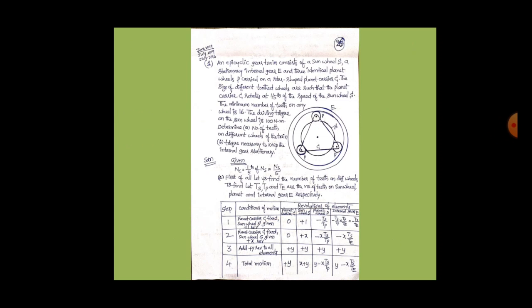Now, taking the first one, an epicyclic gear train consists of a sun wheel S, a stationary internal gear E, and 3 identical planet wheels P, carried on a star-shaped planet carrier C. The size of the different toothed wheels are such that the planet carrier C rotates at 1/5 of the speed of the sun wheel S. The minimum number of teeth on any wheel is 16.